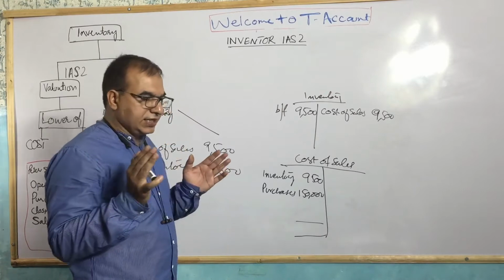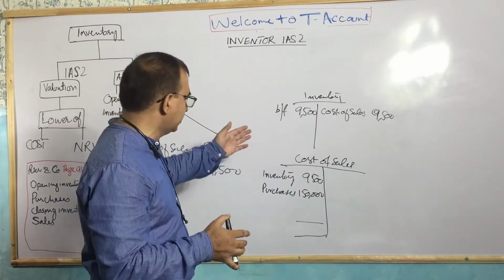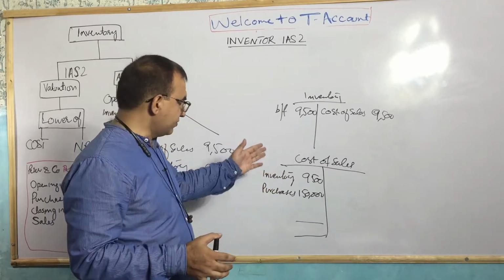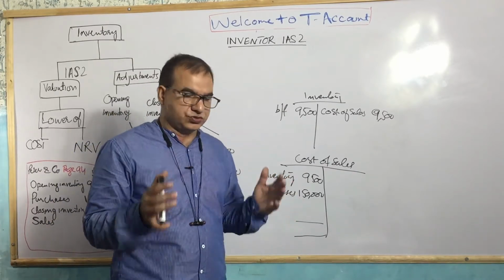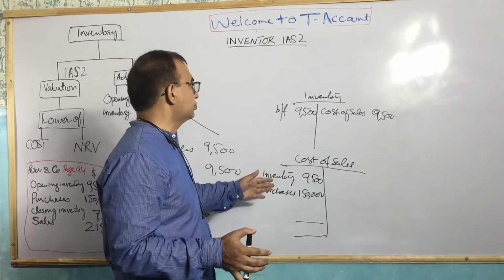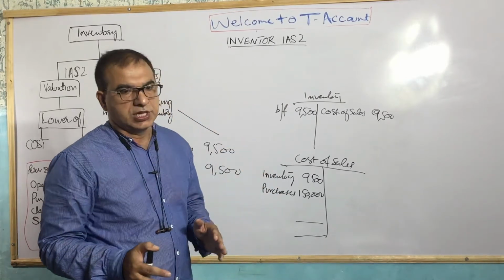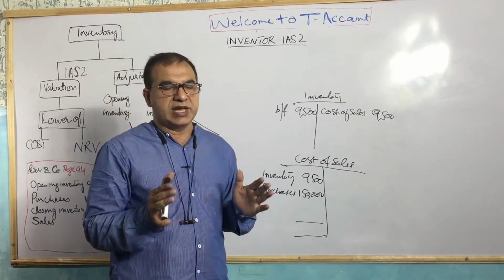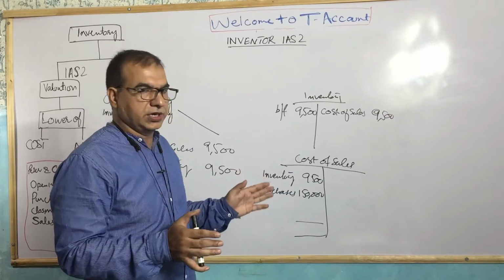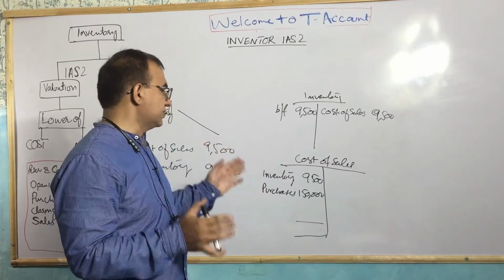So to apply the matching concept, because we have some purchases here, some inventory here which we haven't sold, but we are charging that cost to this year's revenue. This year's revenue should be matched against the cost of only the sales you made in this year.